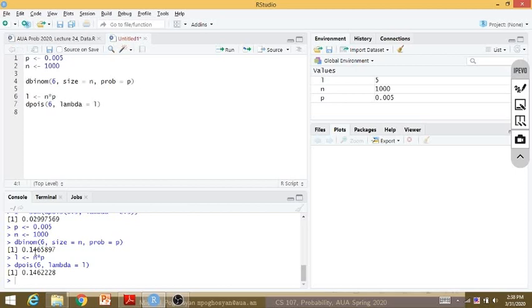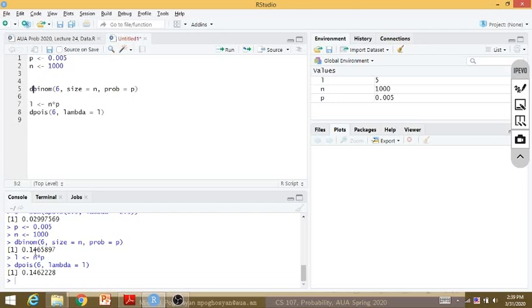So let me calculate probabilities. Say X is running. I need to calculate it for different values of X. Say X is equal to 0, X is equal to 1, up to, say, 12. I'm running my X from 0 to 12.